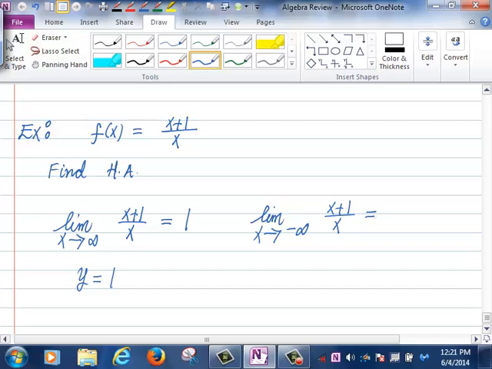Well, in that case, that's equal to what again? 1 as well. So you only get one horizontal asymptote. If the second limit was a different number, then you would get two different horizontal asymptotes. Okay, so we have only one horizontal asymptote in this case.